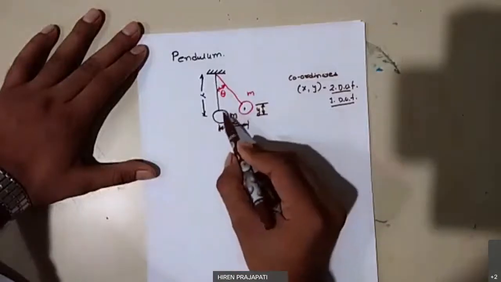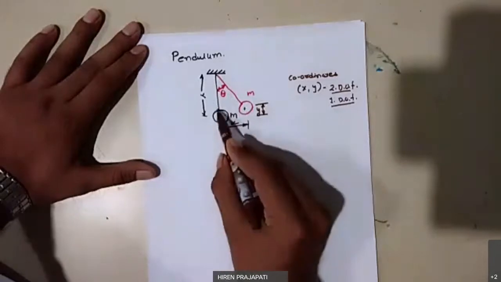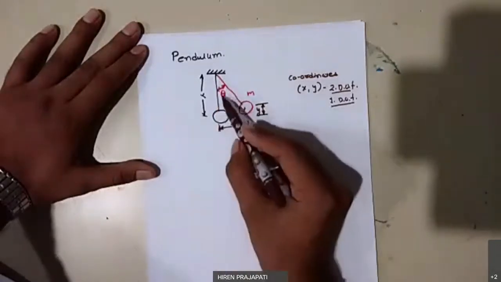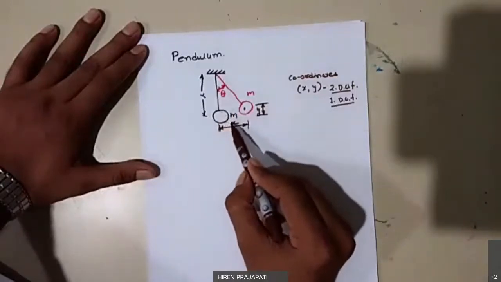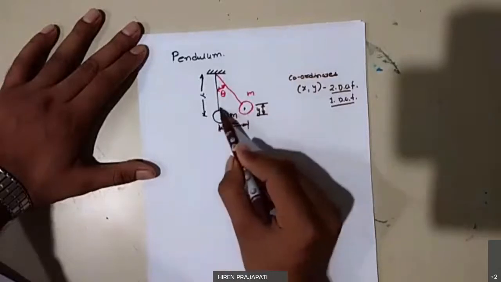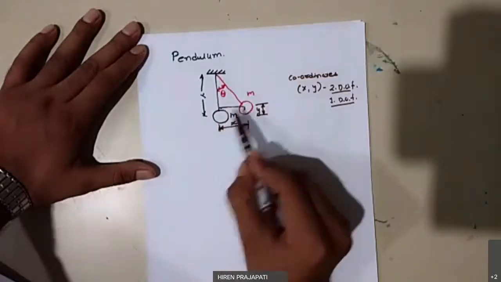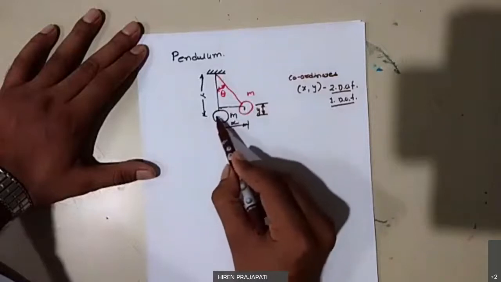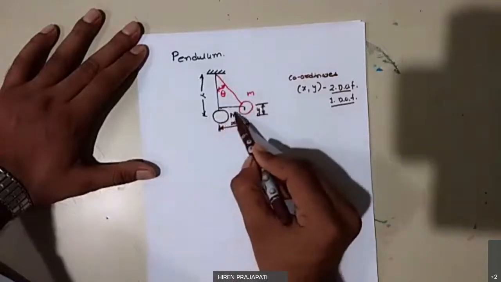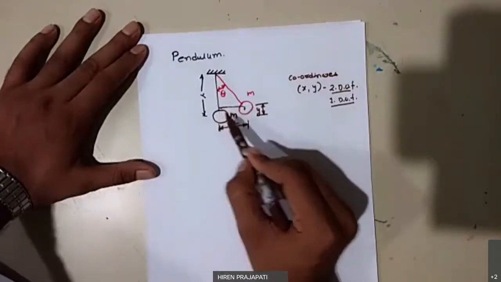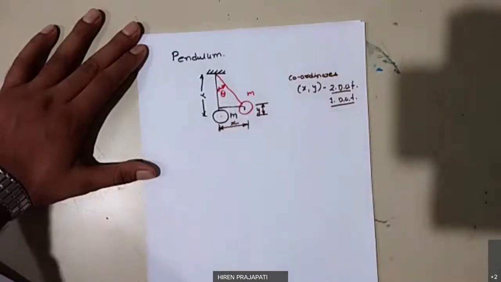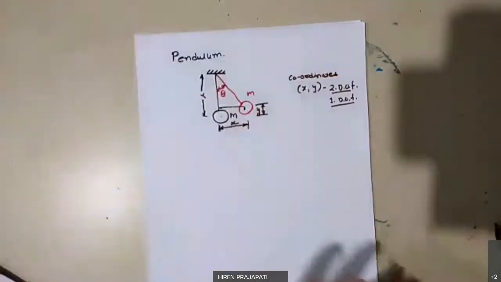Because if I call this L, then for theta movement, suppose I want to find what is y, if it is displaced by this much of height, initially it was L. Now, if I give initial disturbance and now if I project this on vertical line, then this distance, let me indicate it by different color to give you a proper idea.